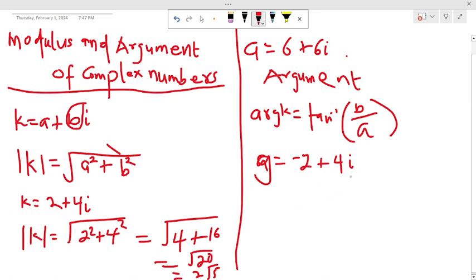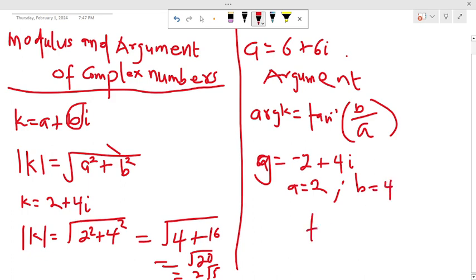Then we already know that the a component is negative 2. But when we are putting it in the formula, we are just going to write the 2. We'll come back to that. Then for the imaginary part, which is b, it's equal to 4.